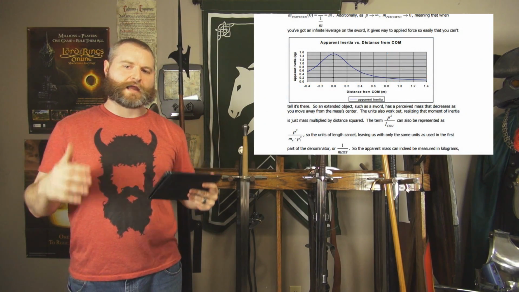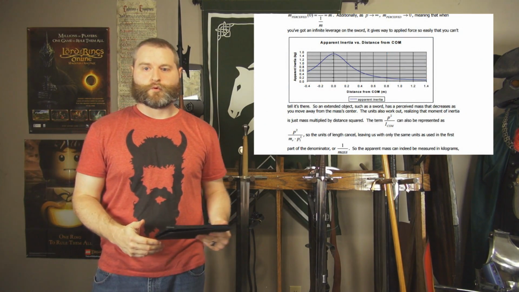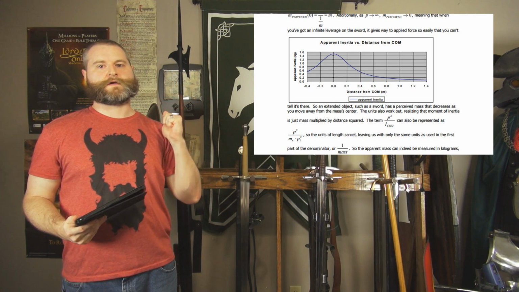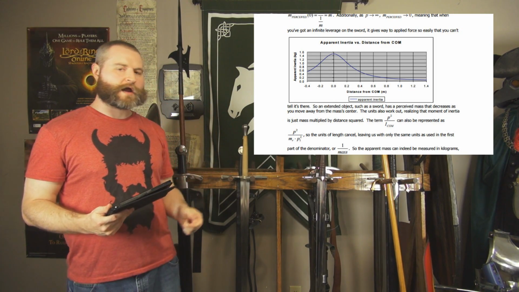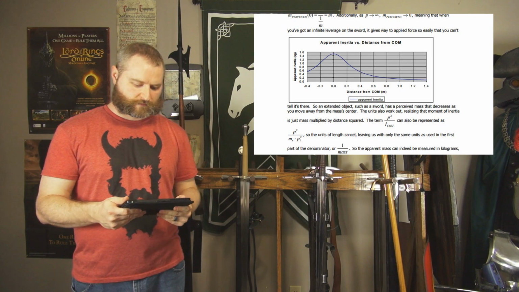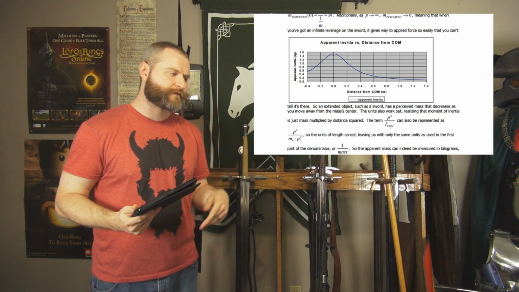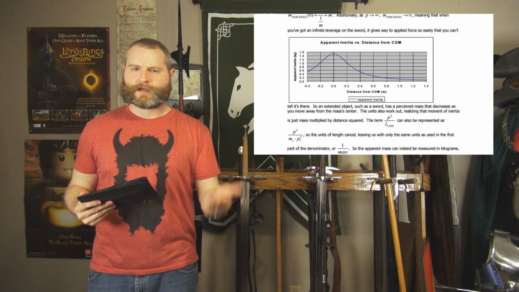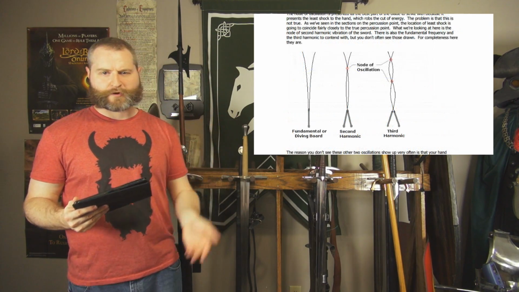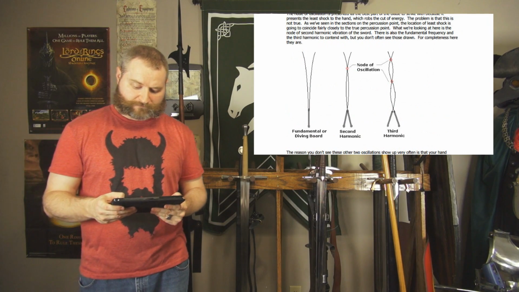You can get an idea of what the moment of inertia will be for all the segments of the blade. And so you can get it right down to where you're actually going to grip the sword. Some other pieces of information that are, of course, in these graphs are things like forward pivot point, aft pivot point, vibration nodes. I will cover those a little bit later in this video.